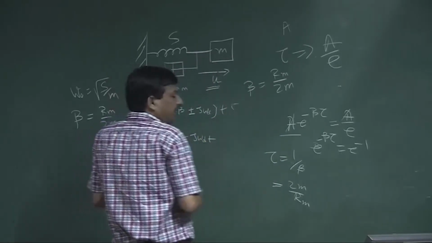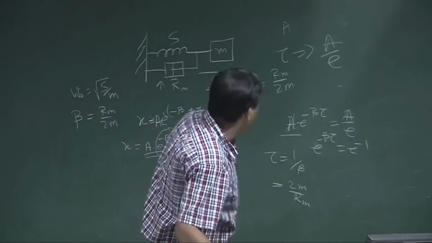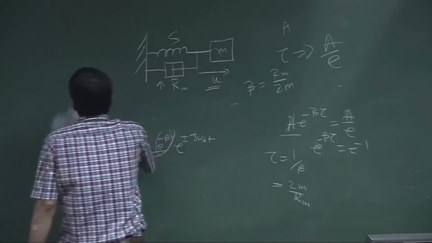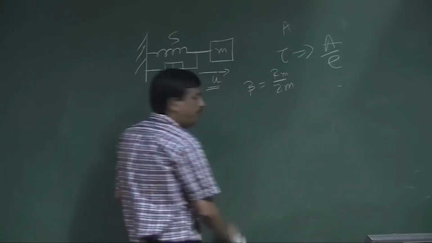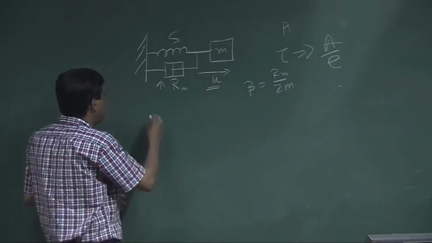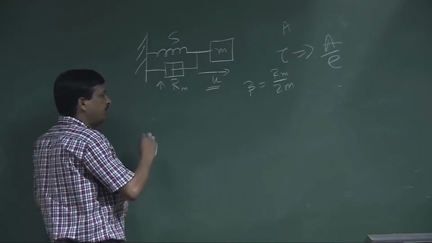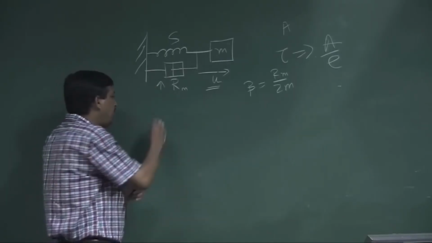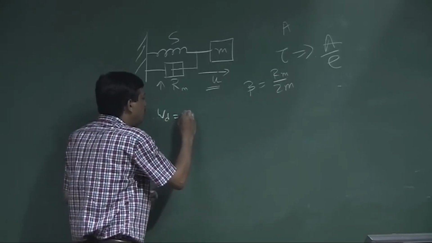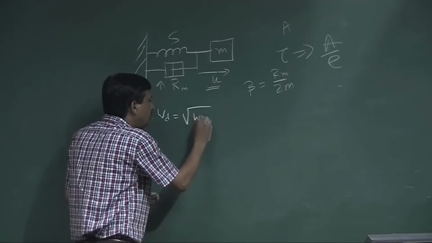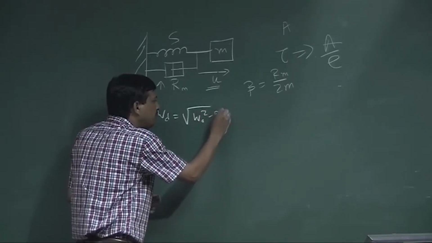I am not going into the details of the underdamped and overdamped conditions. If I say the system is critically damped, then omega d is equal to root over of omega 0 square minus beta square.